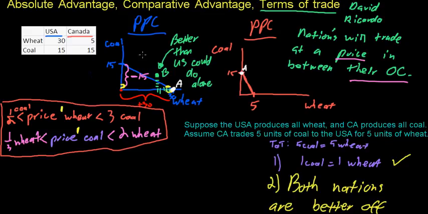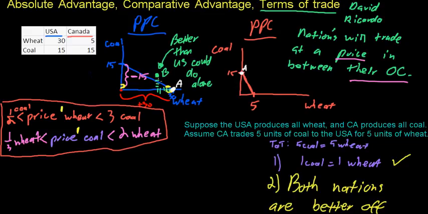It can consume more than it could produce on its own, or a greater number of goods than it could produce on its own. Because if the USA were to go ahead and produce 5 units of coal, then it would only be able to produce 20 units of wheat. And here it's getting 5 and 25.